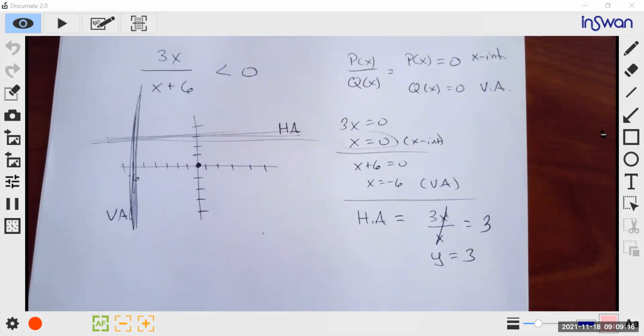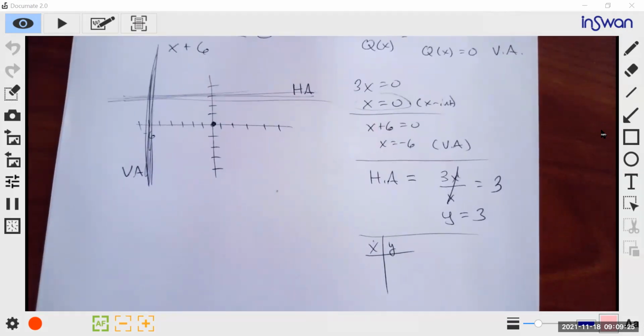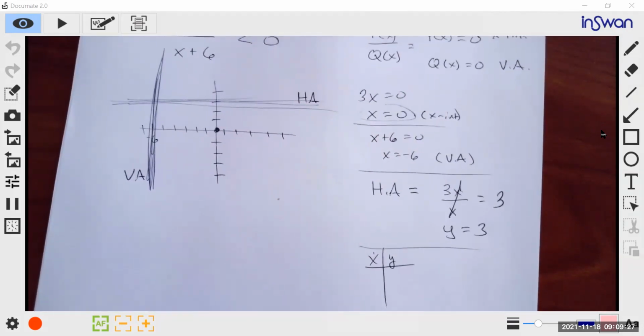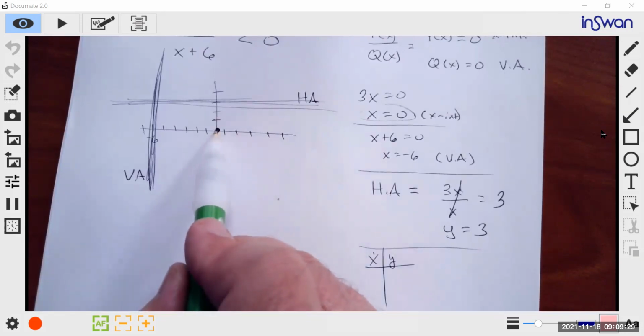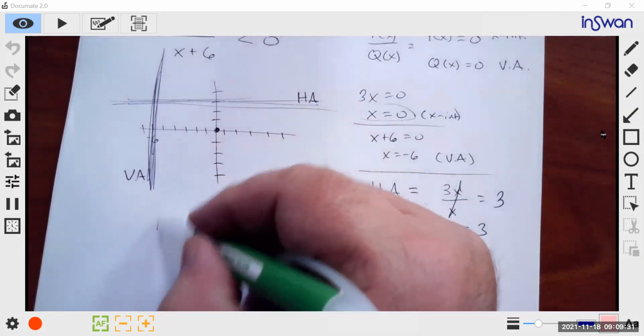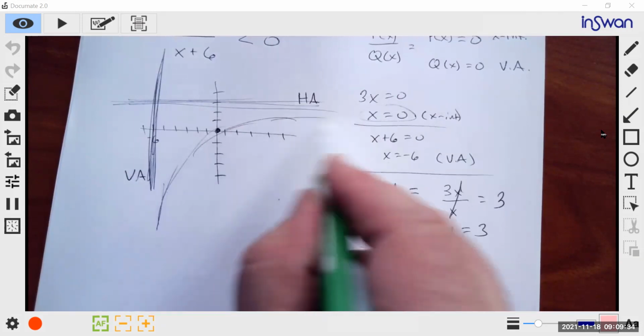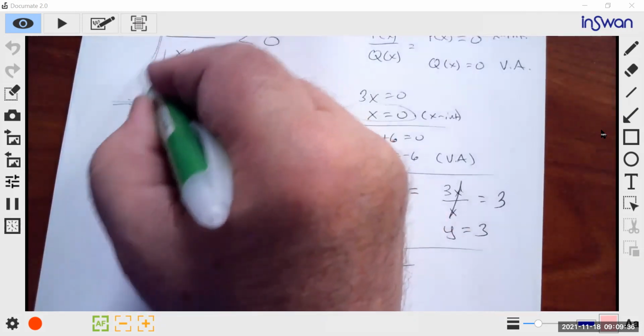And the last thing you would do to figure out this graph is pick some points and plot them. But since we know our x-intercept is here, the graph is going to look something like this.